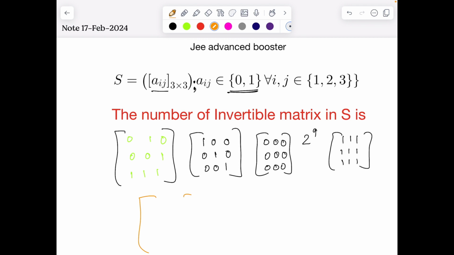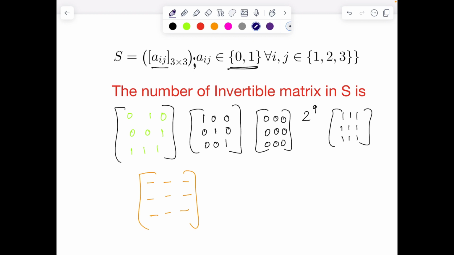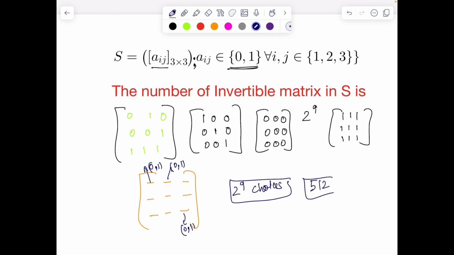So for every position, we have 1 2 3 4 5 6 7 8 9, so in total 9 particular locations, and at every location I have two choices, either it will be 0 or 1. So in total we have 2 to the power 9 choices of matrices, and that will come to be 512.